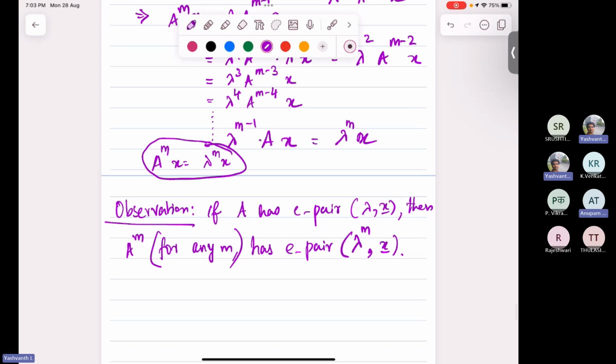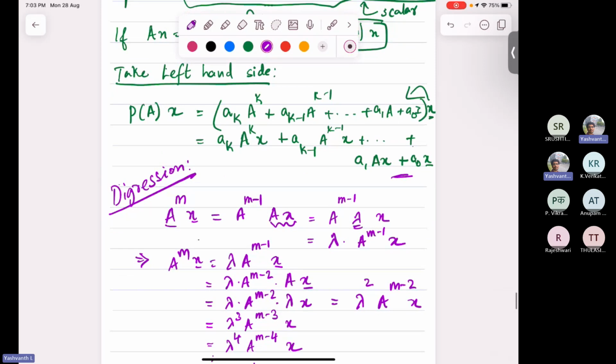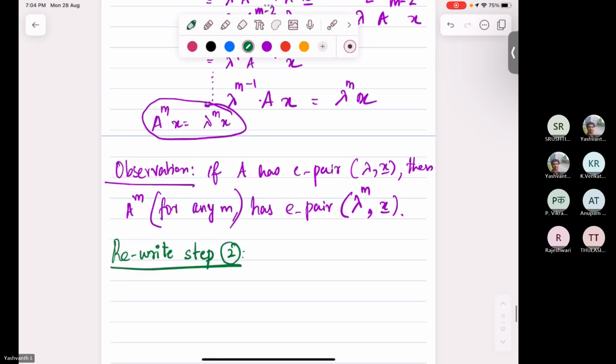So this is the crucial property I'm going to now use in this step. Let me call this step 2. Now let me rewrite step 2. What is step 2?